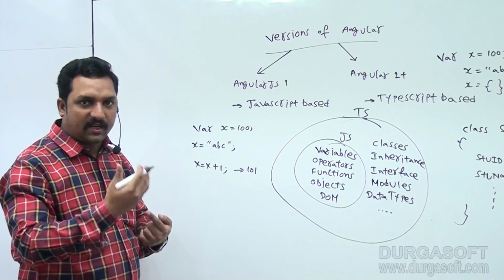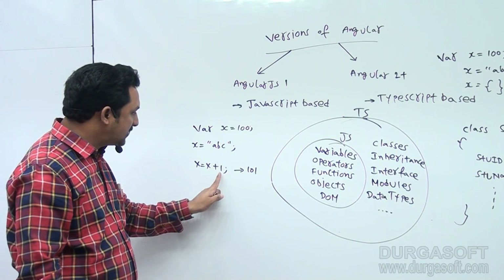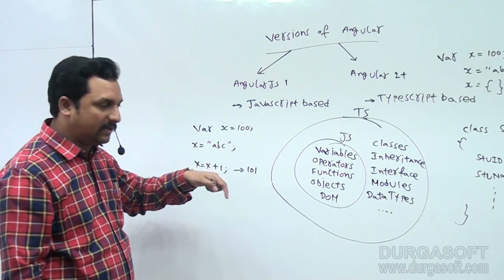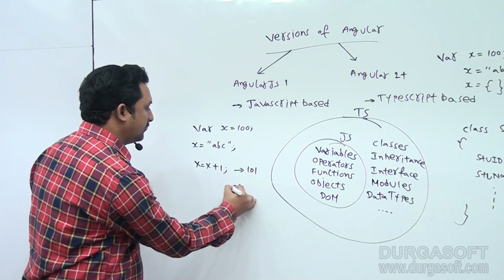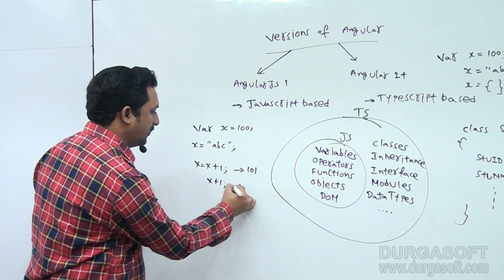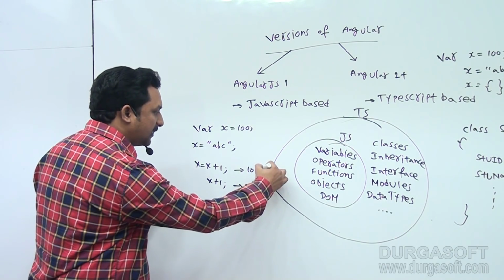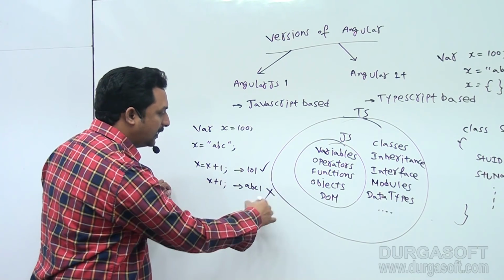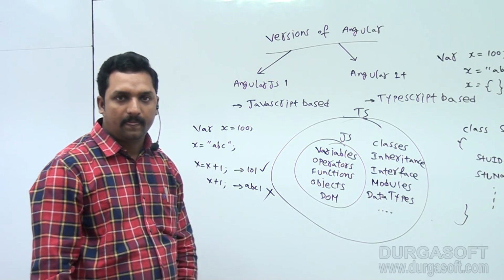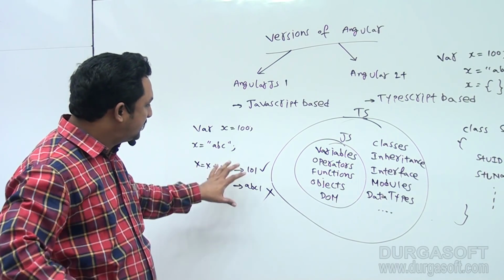Now the x data type has changed. So this plus operator works like a concatenation operator. So x plus 1 means you will get ABC1. The expected one is 101, but the actual one is ABC1. So this type of problem occurs.